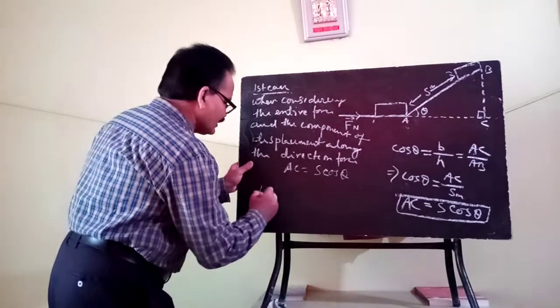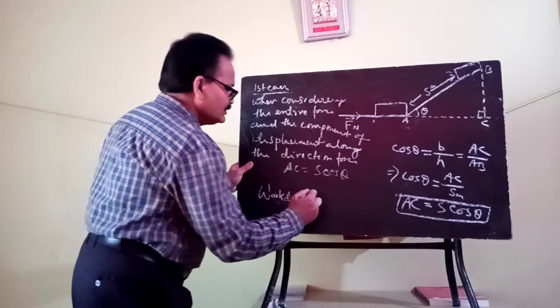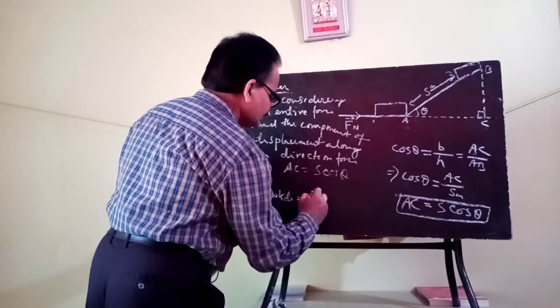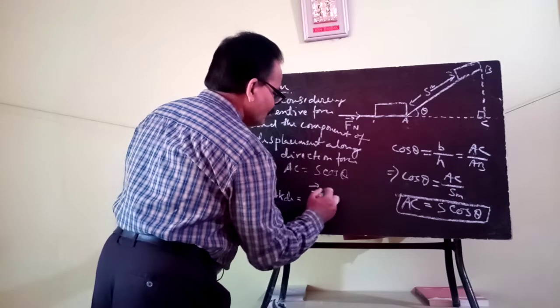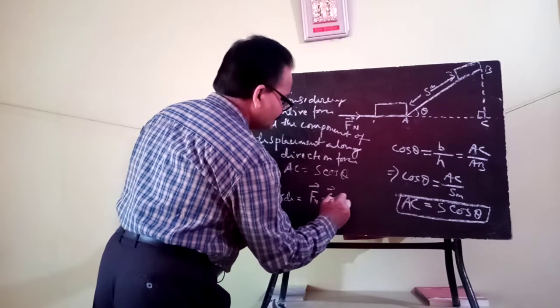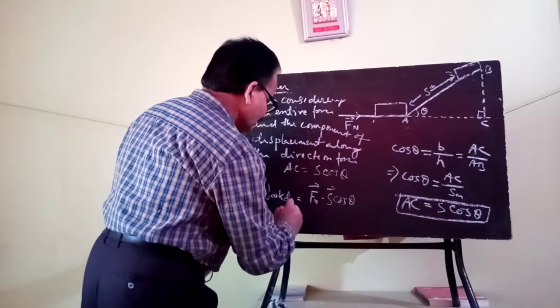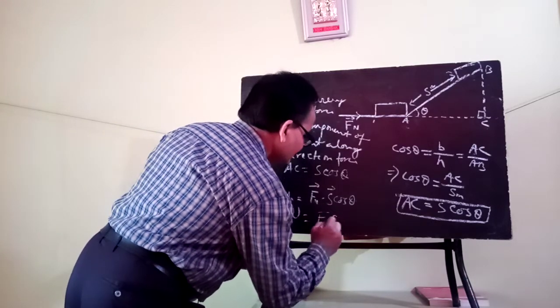Then the amount of work done is the force, that is F Newton, into the component of displacement, s cos theta. So W equals Fs cos theta.